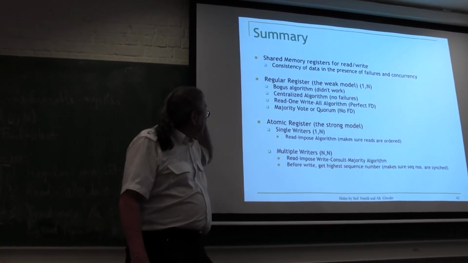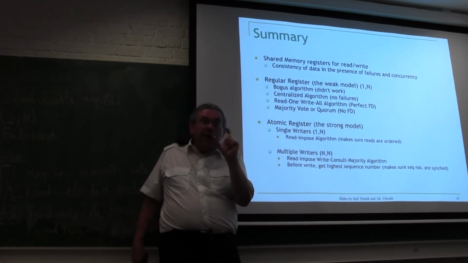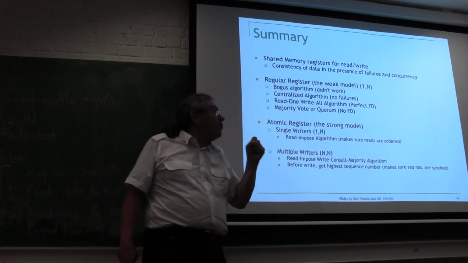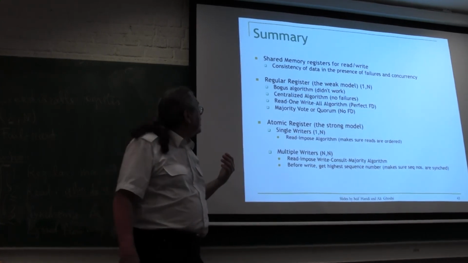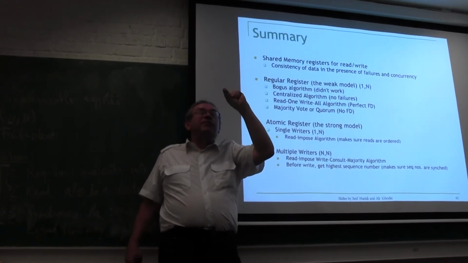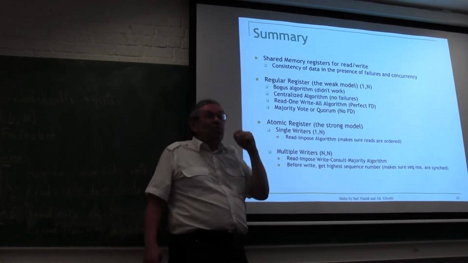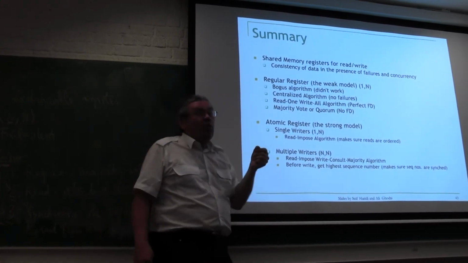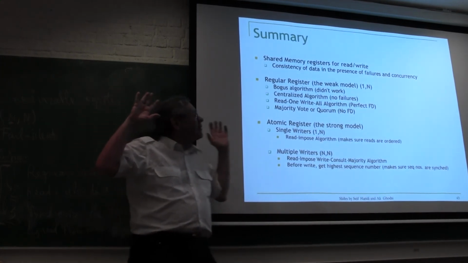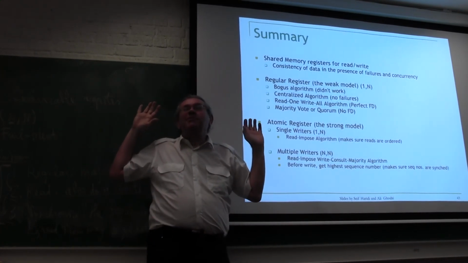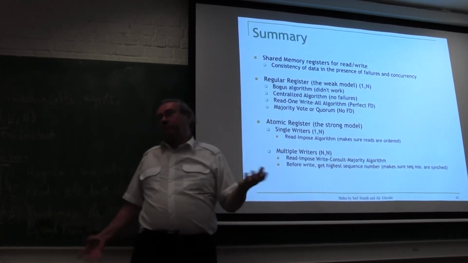And even in many cases, regular registers are enough, because if there are a few temporary incoherencies when you have concurrent operations, in many cases it doesn't really matter. For example, in Facebook, if occasionally there's a small problem in ordering and you read an old tweet or an old reply once out of a million times, then nobody will notice. So in practice, many people even use regular registers.